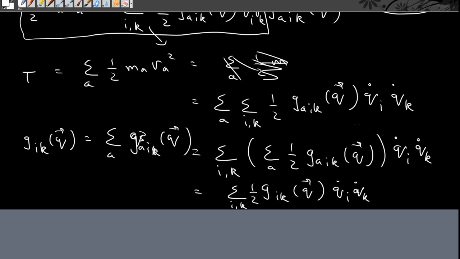So basically I have called this particular thing g_ik. Here it was g_aik, here it is g_ik.